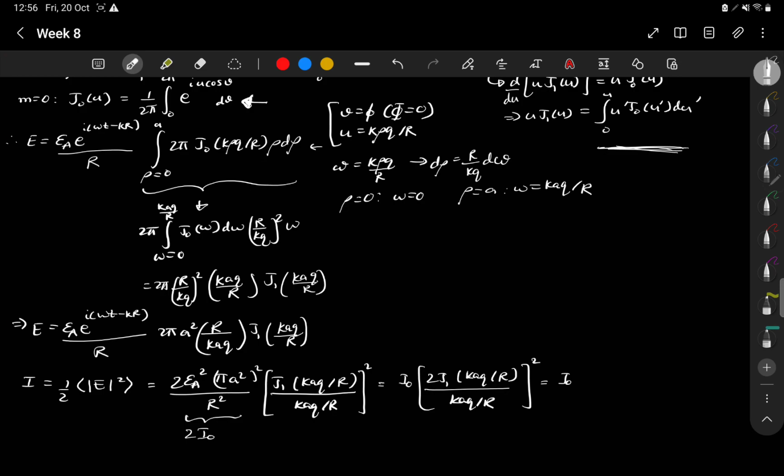Oh, sorry, this is I naught and 2 is not inside the square. 2 is outside. Where sine theta is nothing but q over r.